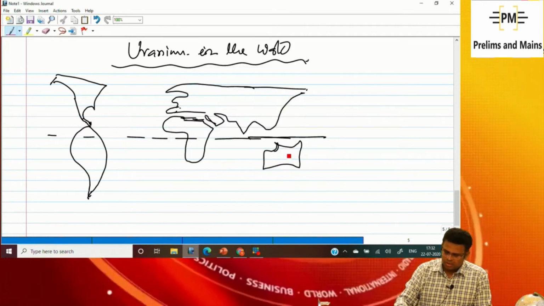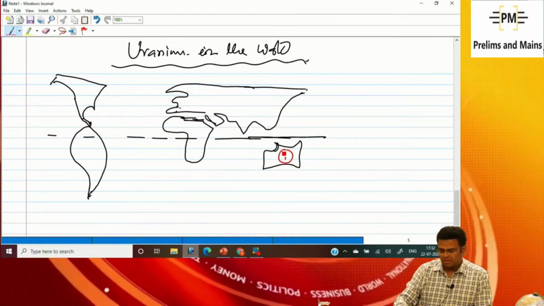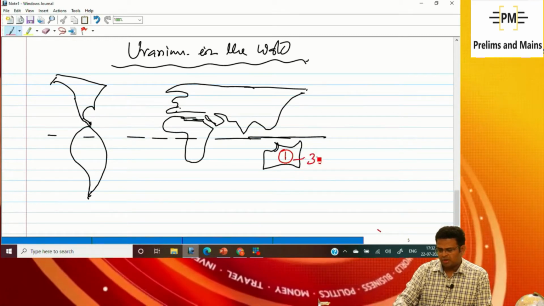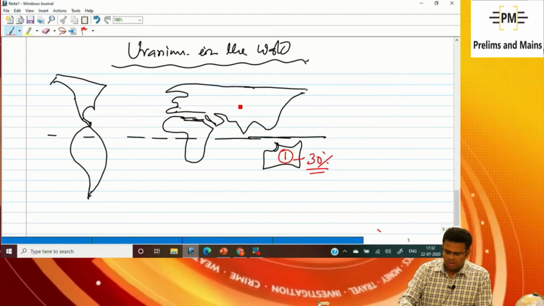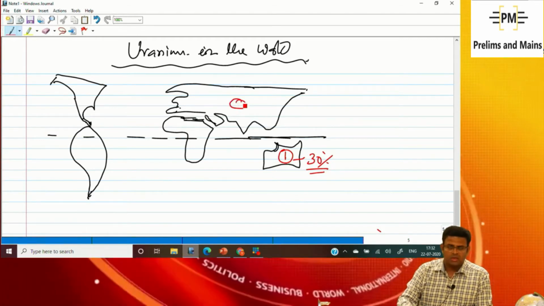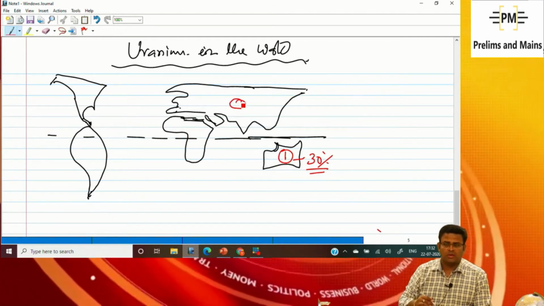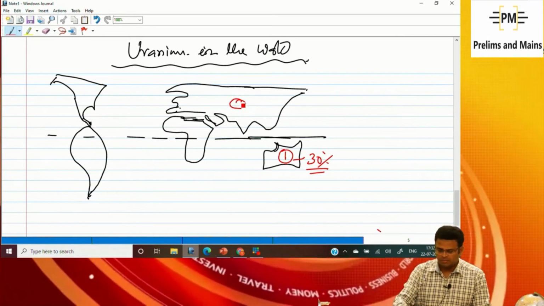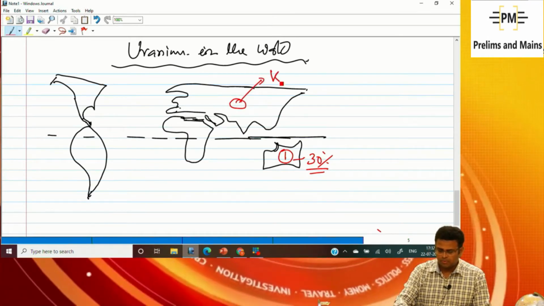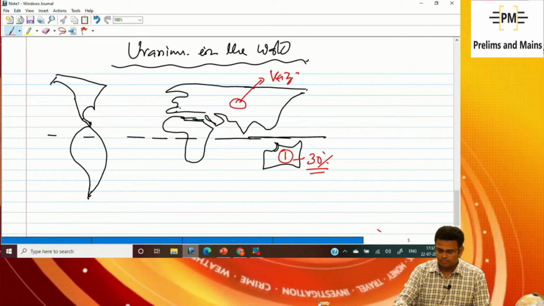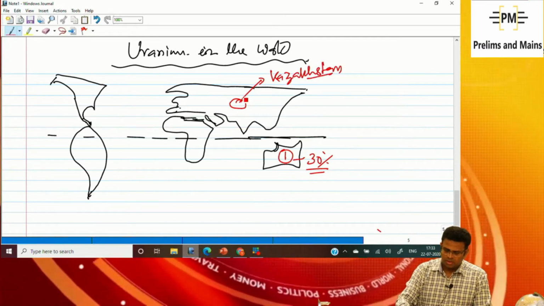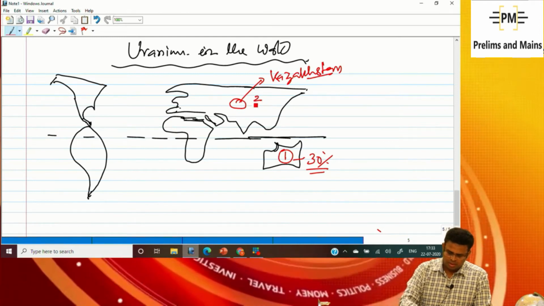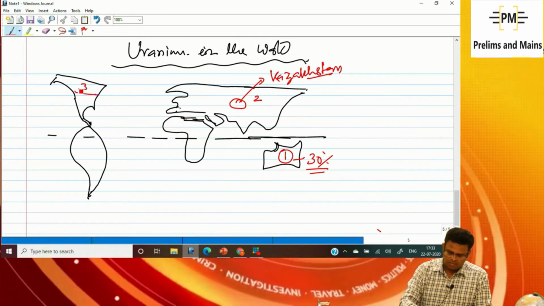So the number one is Australia, and we can say that 30% of the uranium of the world is in Australia. And second, you know, here it is Kazakhstan in Central Asia. It is the second number, and the third is Canada.